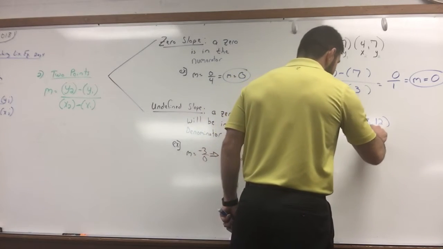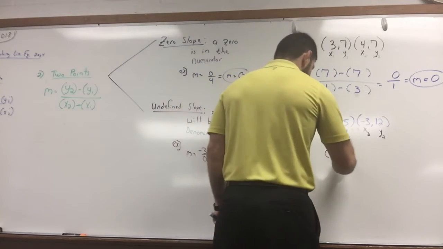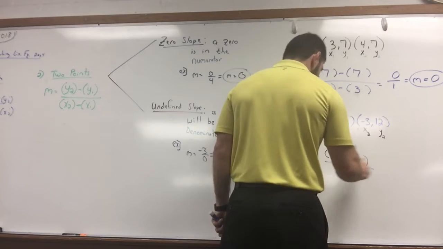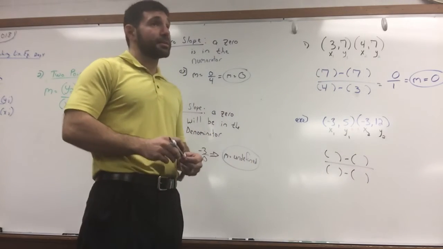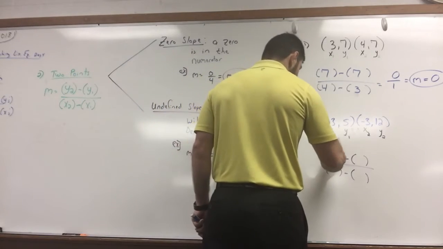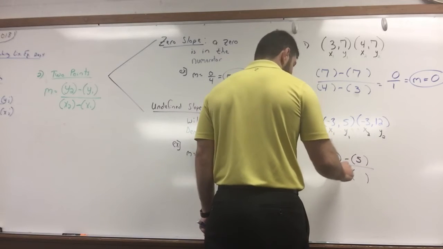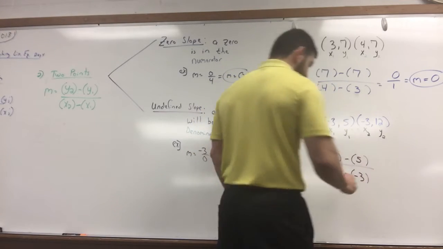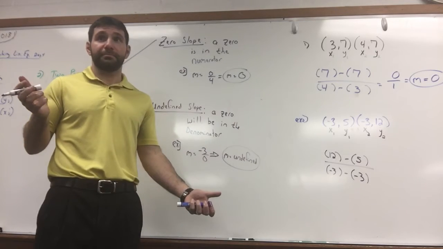X1, Y1, X2, Y2. Parentheses minus parentheses, divided by parentheses minus parentheses. These are the type of problems where it's important to put the parentheses. Y2 minus Y1 over X2 minus X1. With me still?